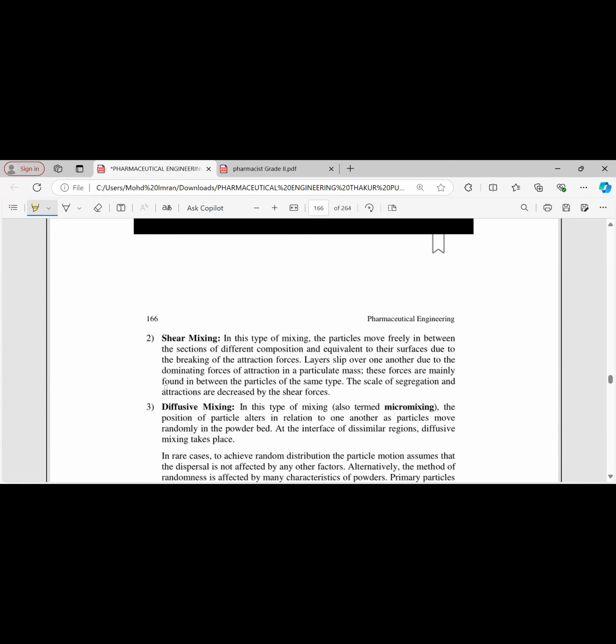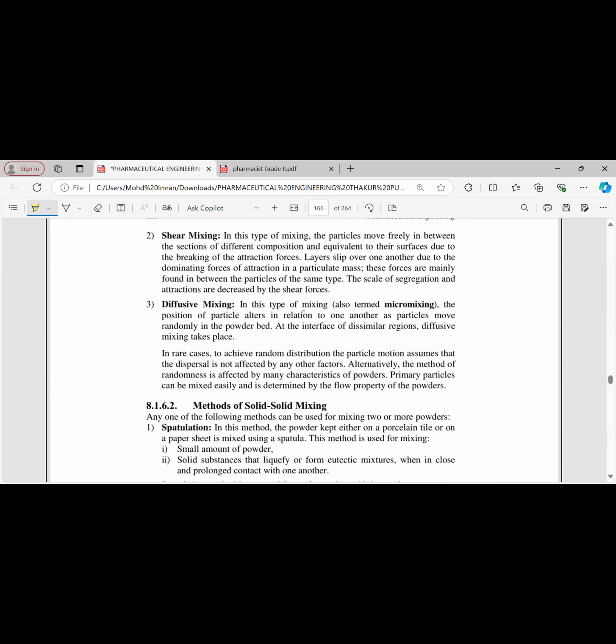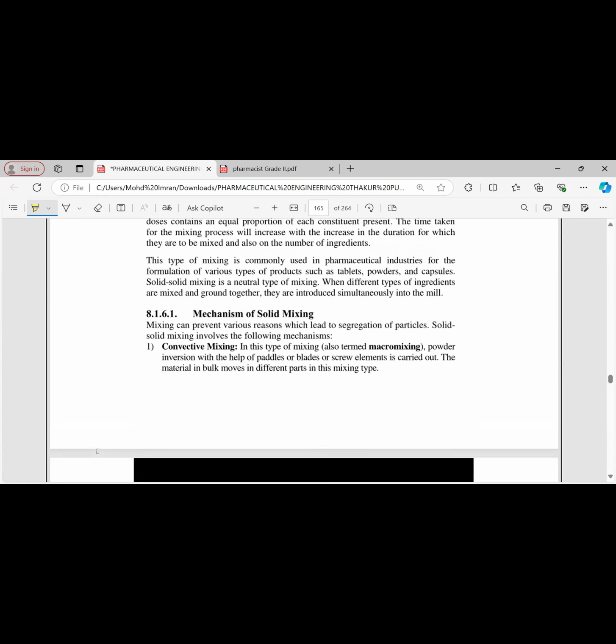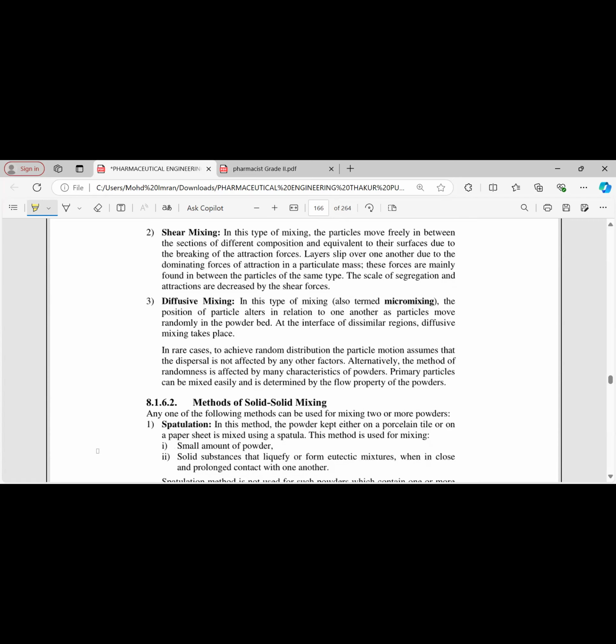Shear mixing means in this type of mixing, particles move freely between the sections of different compositions, layer by layer slipping. Diffusion mixing is also called micro mixing. No need of going into detail, just remember the types of mixing mechanism: convective mixing, shear mixing, diffusion mixing.